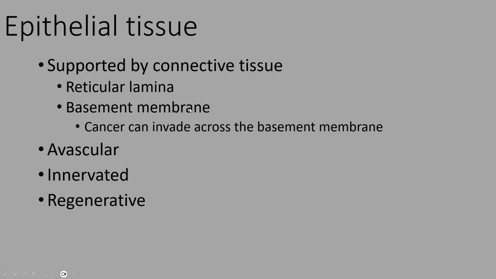The basement membrane, one, holds the epithelial tissue in place, but two, it also forms a barrier. This helps to keep things from penetrating through that epithelial layer. But what kind of things can penetrate? Well, sometimes cancer.